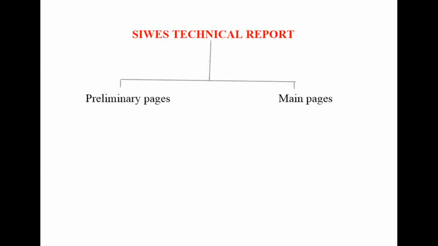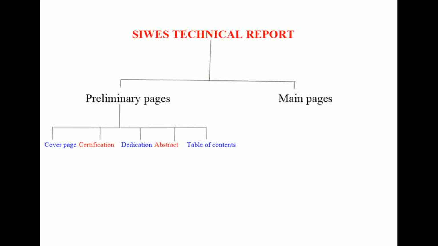Under these preliminary pages, we have the cover page, certification, dedication, abstract, and table of contents. The cover page comprises your details, your place of attachment, and the date of the report. In the certification, you tell them that the whole report was prepared from the knowledge you gained during your industrial training and was not copied from anywhere.